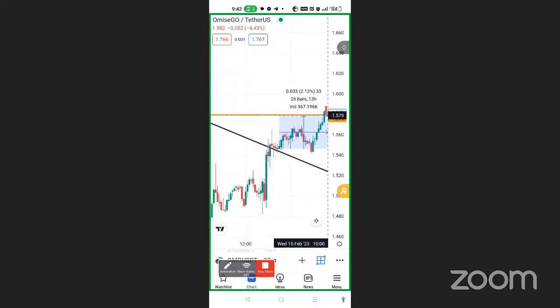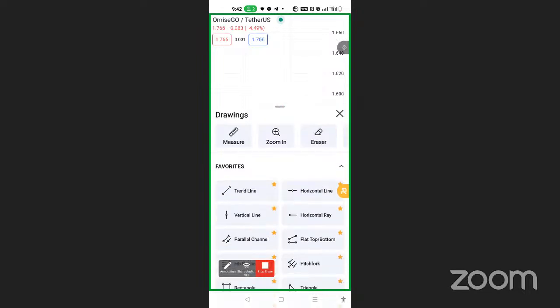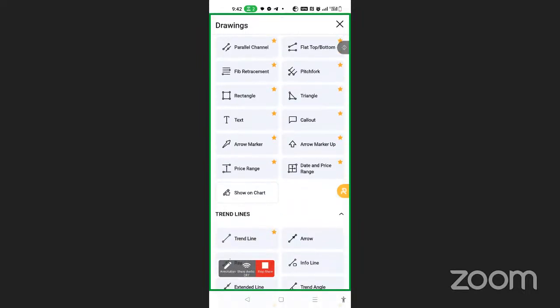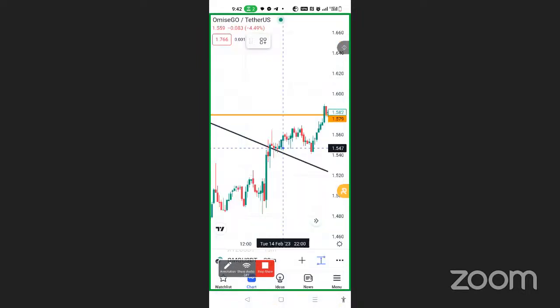This took 13 hours to deliver 2.4%. When you use the date and the price range, it will always give you the number of candles and the hours it took. Just tap on the pencil. It is here. So I enter from here.